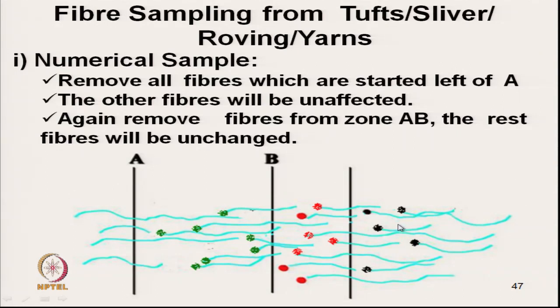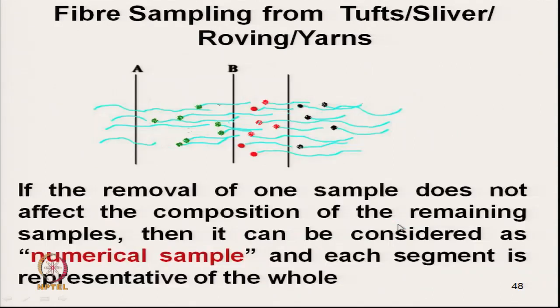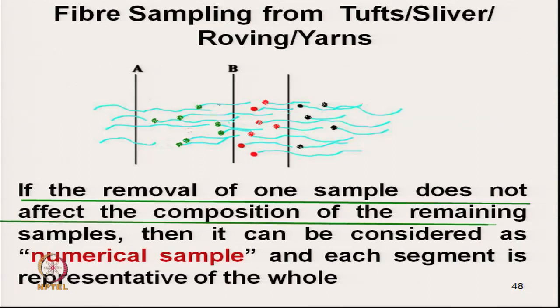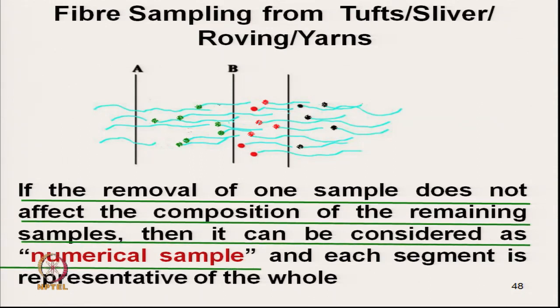So, the definition of a numerical sample is: if the removal of one sample does not affect the composition of the remaining samples, then it can be considered a numerical sample. Each segment is representative of the whole lot. So, that is the numerical sample.